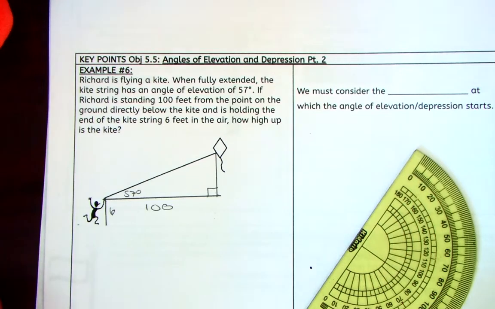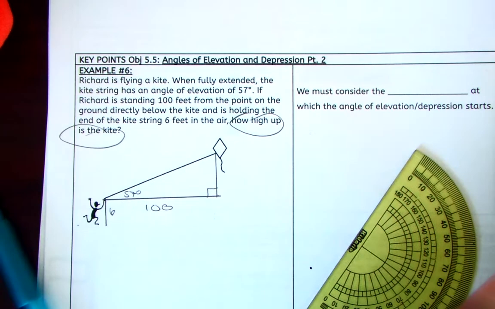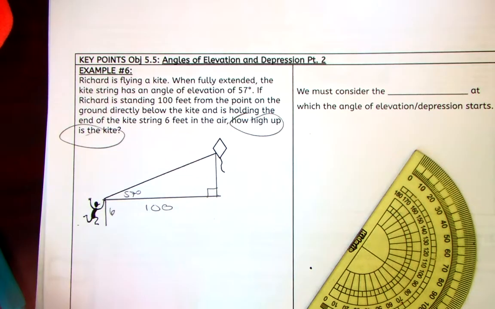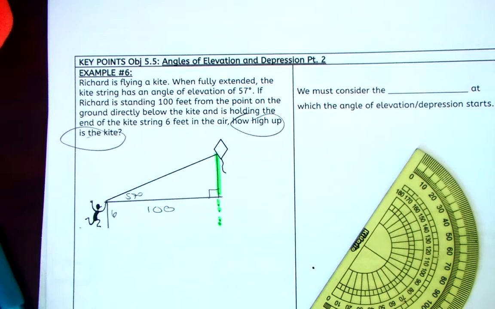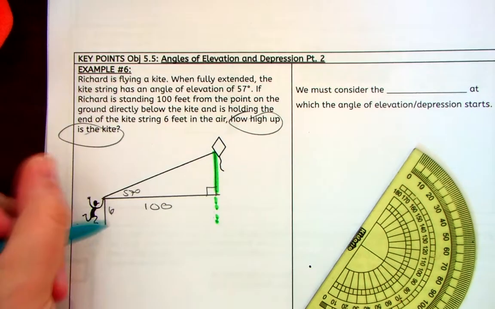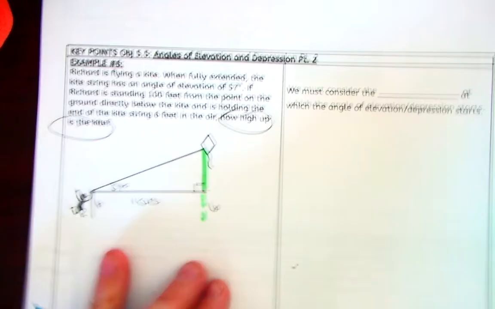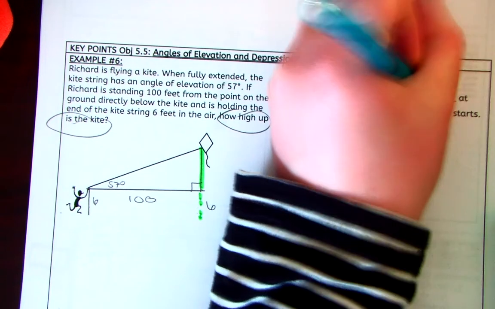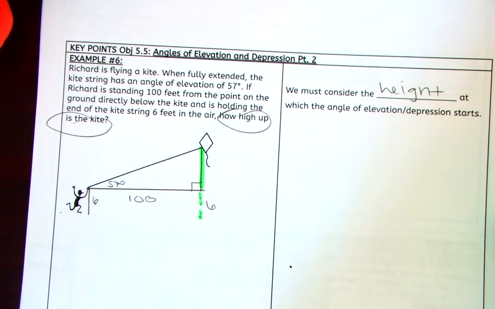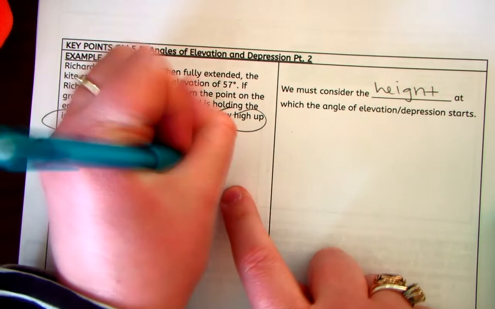Well, how high up is the kite is basically this distance plus this distance, which is 6. So the new thing to notice here is we must consider the height at which the angle of elevation starts. So if we're trying to think of how high is the kite, that's this 6 plus whatever this distance is.